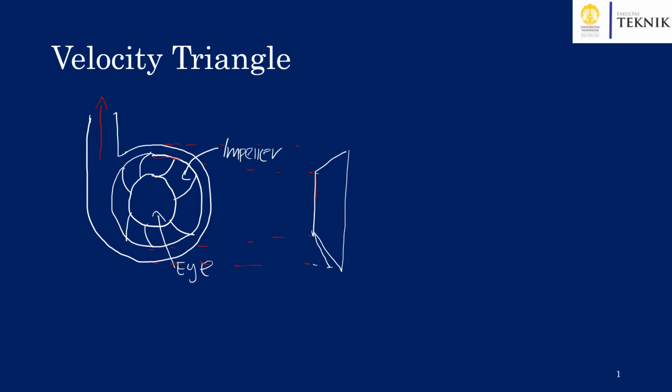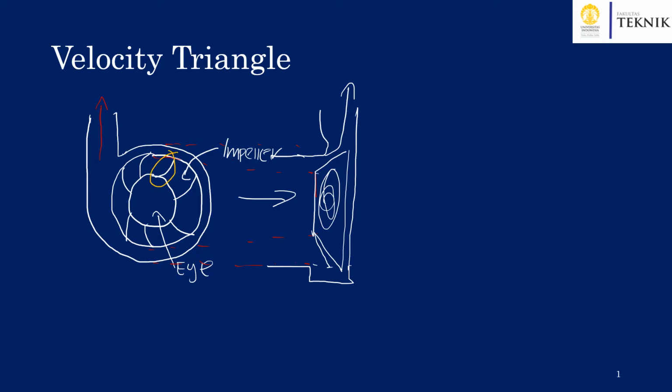We also have the case of the pump connected to the discharge line. So the fluid comes in and is rotated by the impeller through the eye and then leaves through the outlet. To perform an analysis of the velocity triangle, we only need to analyze a single blade of the impeller.